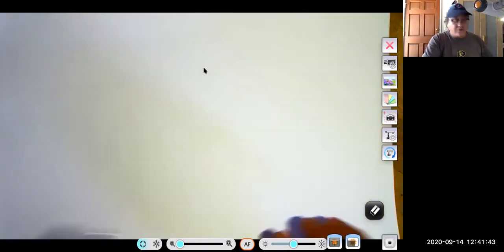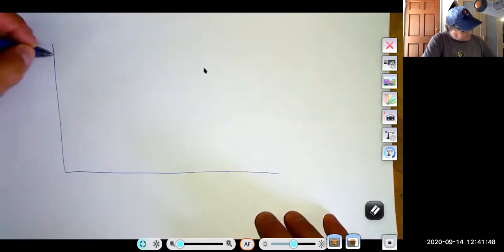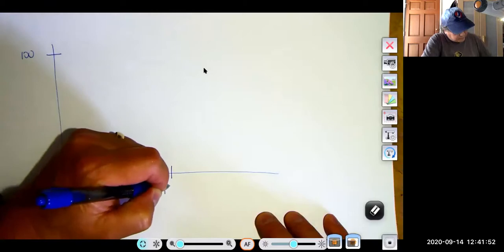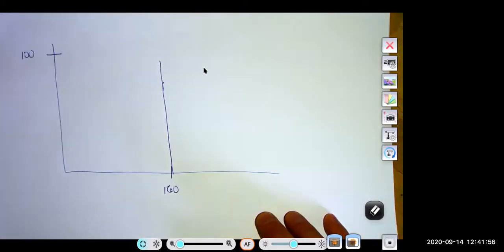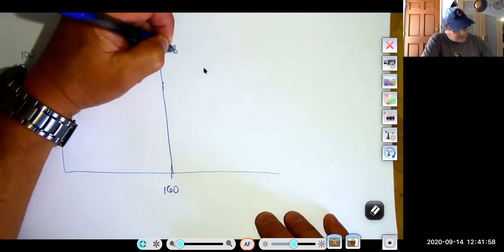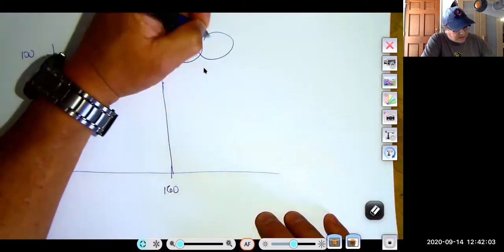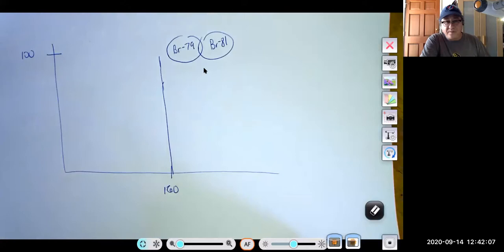I've been overhearing you, and now I know what your guesses are. So one guess is this. And this is going to be a Br79 bonded to a Br81. Okay?